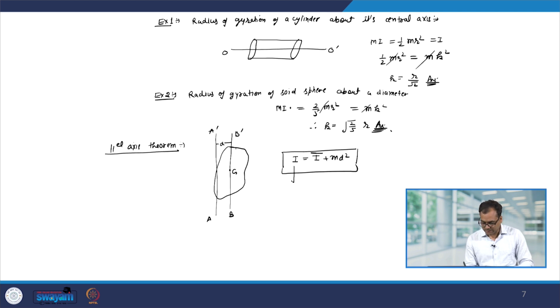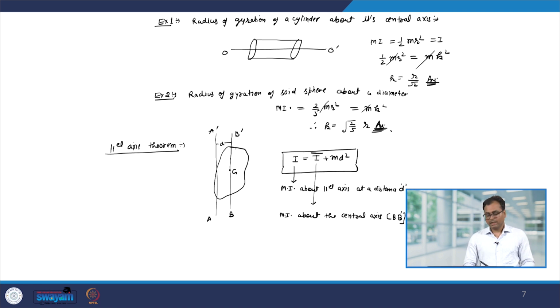So, here this I is the moment of inertia about the parallel axis at a distance d, and I bar is the moment of inertia about the central axis. Okay. So, here it is B prime.